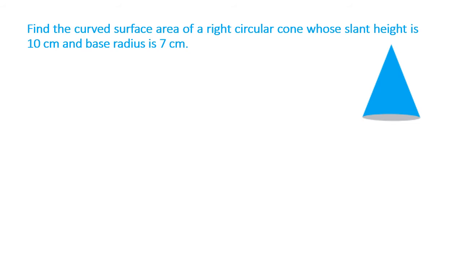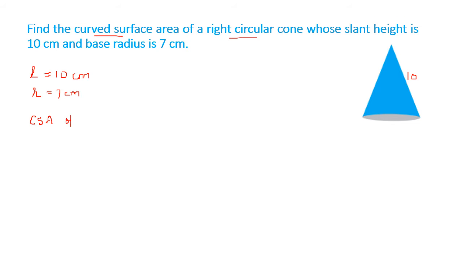Find the curved surface area of a right circular cone whose slant height is 10. So L is given 10. Slant height L equal to 10 centimeter. Radius is given 7 centimeter. And we have to find the curved surface area. So how do we do it?